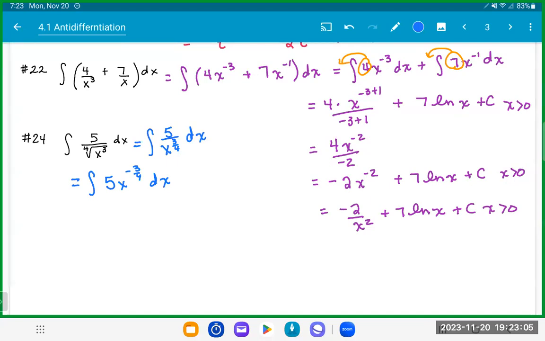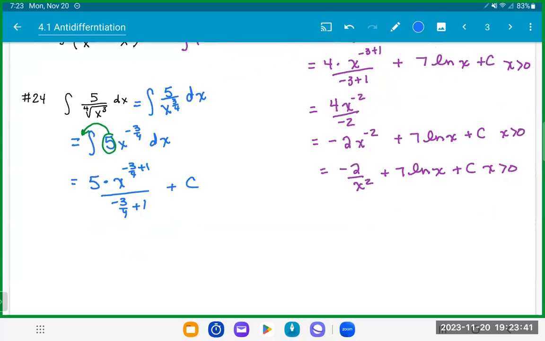Okay, so now we can bring this portion out. Now we can say, okay, so that is equal to 5 times x to the -3/4 plus 1 divided by -3/4 plus 1 plus that constant c out here.